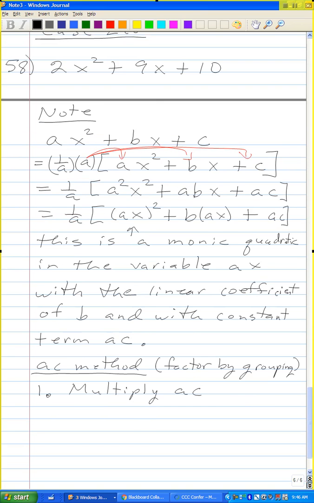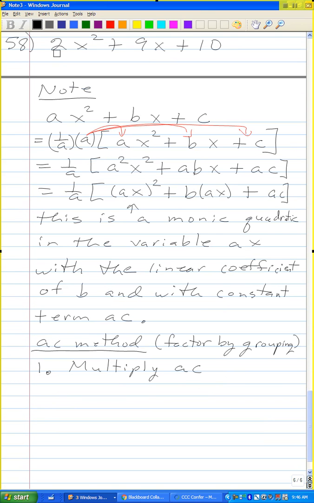Okay, so let's look at this first term here. So I have here 2x squared plus 9x plus 10. And so the A in this case is 2, B is 9, and C is 10. And so 2 times 10 is 20.